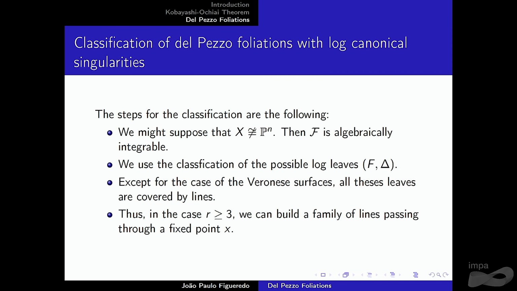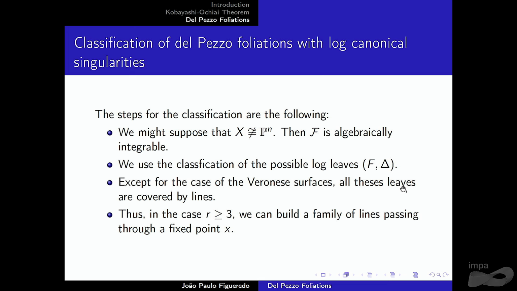So how do we do this? As I mentioned, we can suppose that X is not P^n. In the case of P^n, you have a classification by Loray, Pereira, and Touzet. So if X is not P^n, F has algebraic leaves. We use the classification of all possible leaves. In all these cases, we can find families of lines inside these leaves, except in one case, which is the Veronese surface.